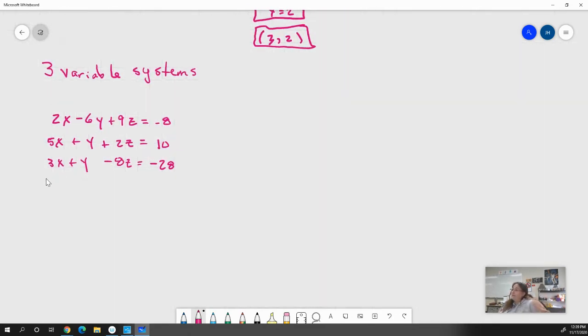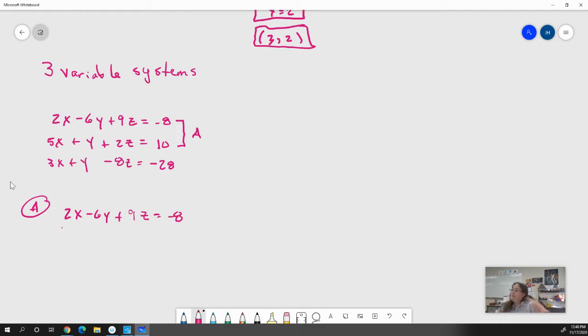Our starting point comes with breaking this down. We're going to change them. We're going to take 2 of the equations, right? Let's call these A. I'm going to do A over here. I'm going to write 2x minus 6y plus 9z equals negative 8.